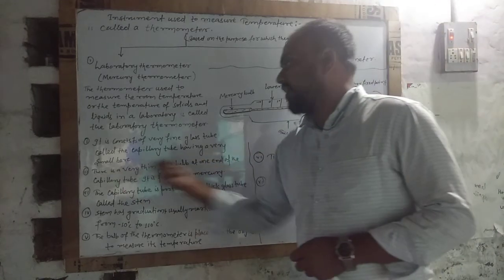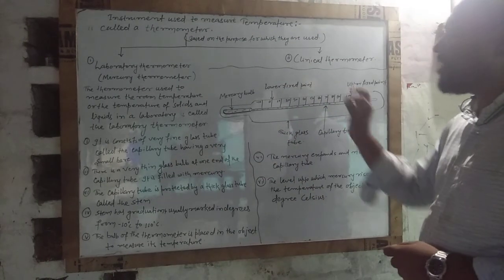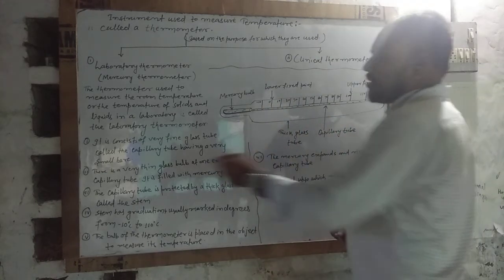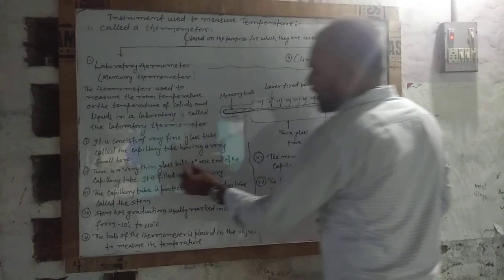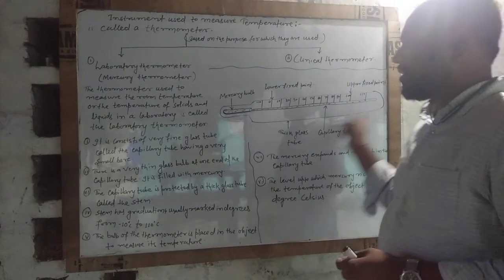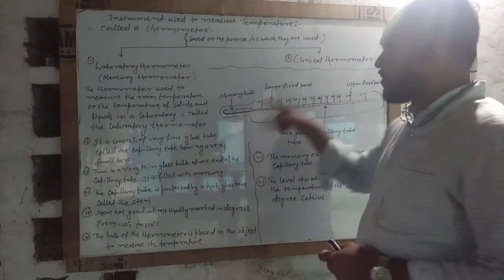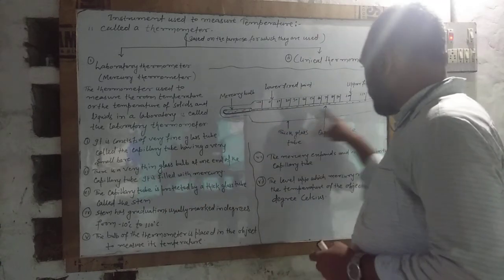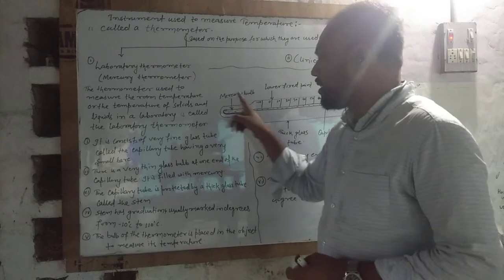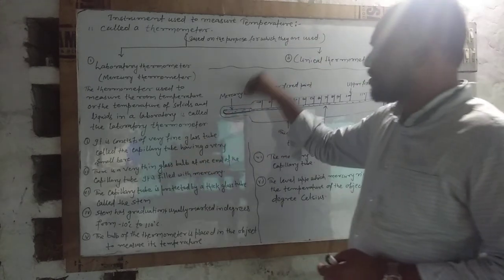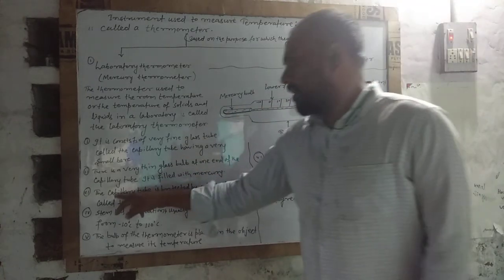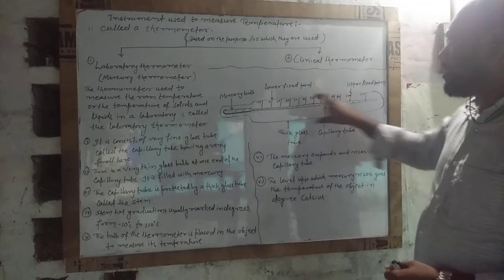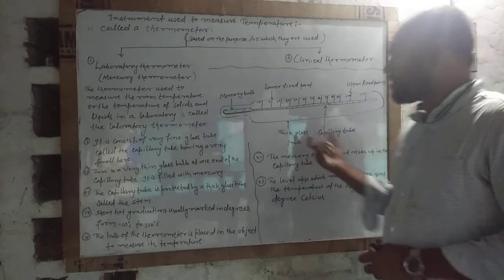This is the capillary tube, and at its one end is the thin bulb in which mercury is filled. The capillary tube is protected by a thick glass tube called the stem. The outer glass tube is called the stem.